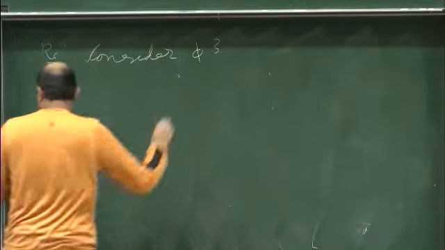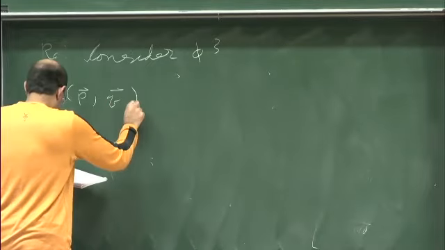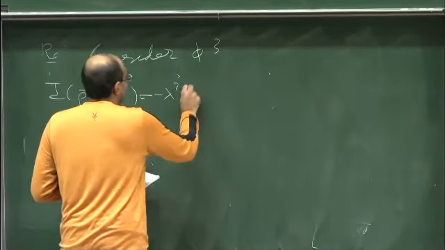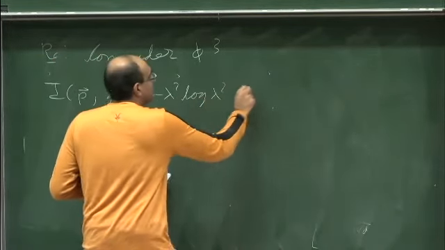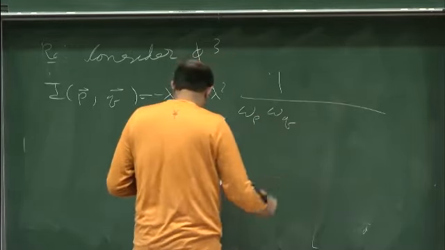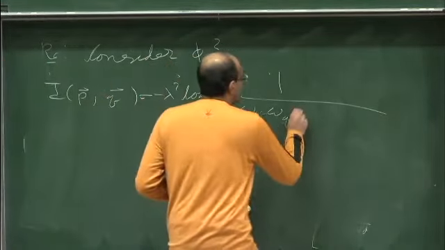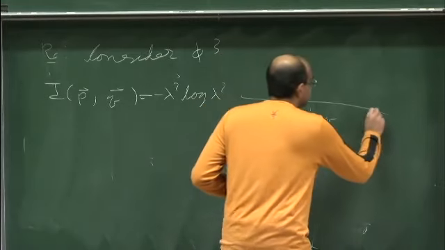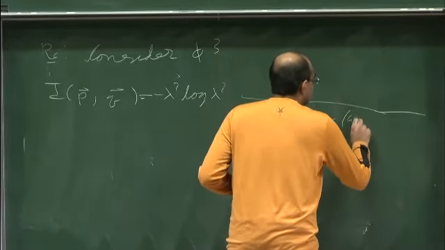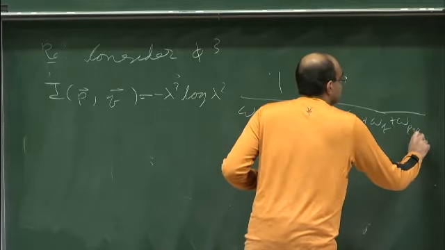So let me consider phi cubed theories. The answer turns out to be that the mutual information goes to minus lambda squared log lambda squared, times (1 over omega_p omega_q), which are the energies of these two modes, omega_{p+q}, you add up the momenta, and then omega_p plus omega_q plus omega_{p+q}, all squared.